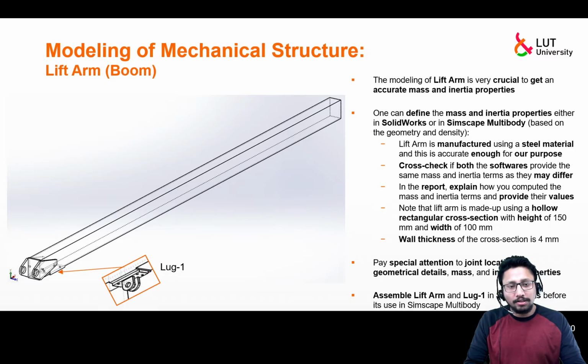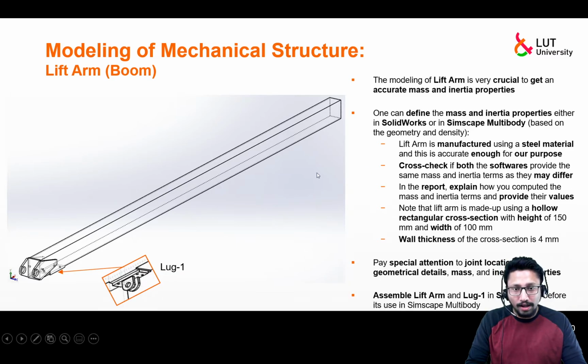Note that the lift arm is made up of a hollow rectangular cross section, as I told you already. Its height is 150 millimeter and width is 100 millimeter, and the wall thickness all around the cross section is 4 millimeter.